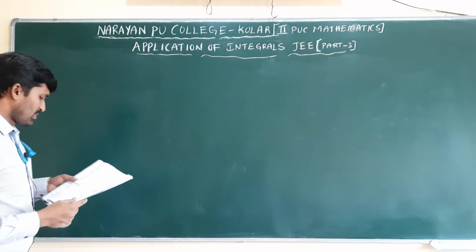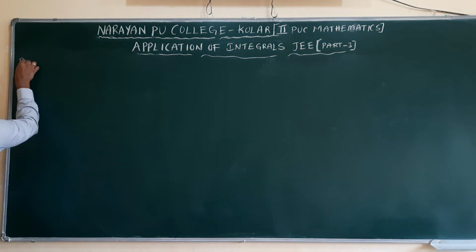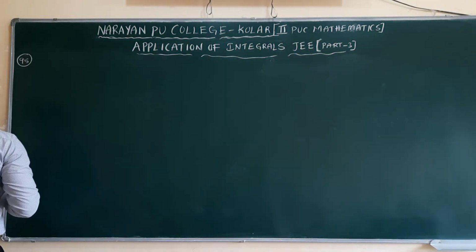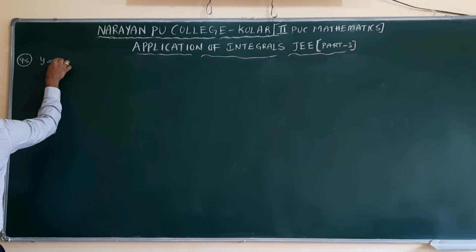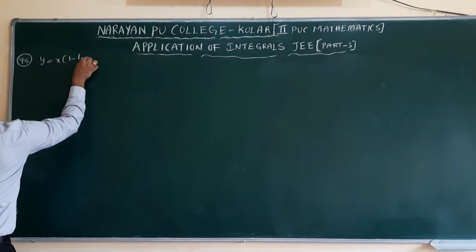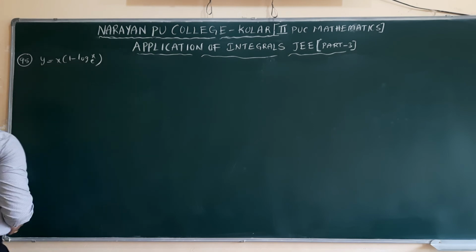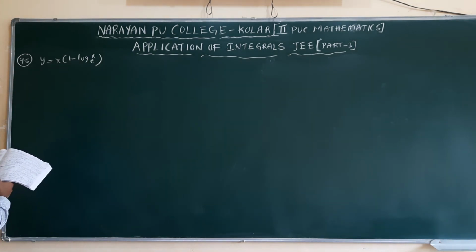Next, question number 95. The area bounded by the curve y equal to x into (1 minus log x to the base e) and the x axis we need to find.